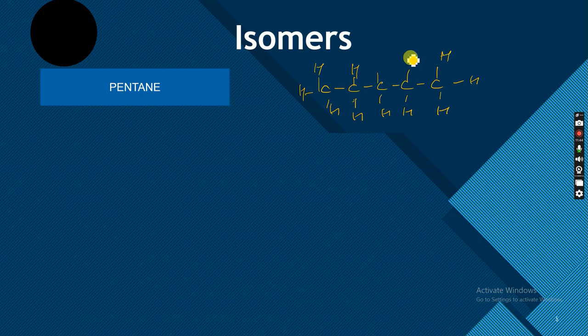So this is the first isomer of pentane. For pentane we'll get 3 isomers. As per the formula, 2 to the power... 5 carbons, so 5 minus 4 plus 1, so 2 plus 1, 3. So 3 isomers we have to draw. This is the first one, the straight chain, so n-pentane.